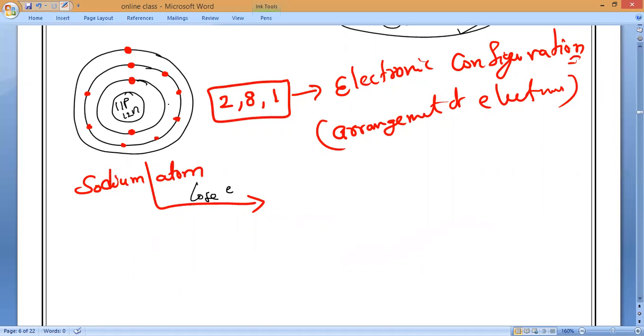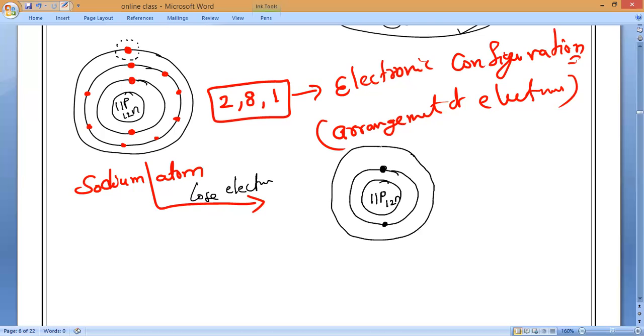The electron is going to be lost, and it turns into this nucleus again. How many protons? 11 protons and 12 neutrons in the nucleus, the first shell has 2 electrons, and the second shell has 8 electrons.